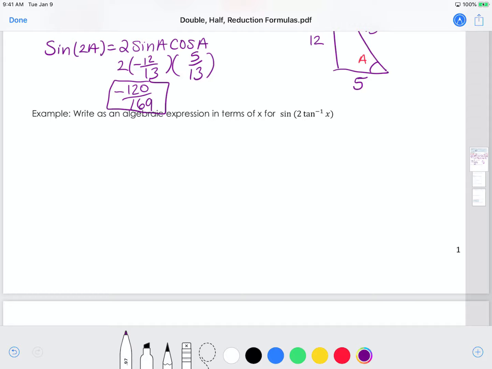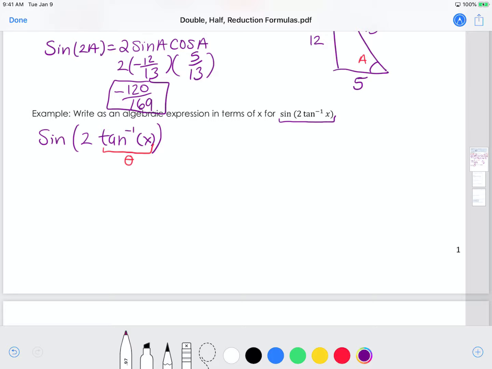In the next example, it's asking us to write an algebraic expression in terms of x. So here's what we're trying to rewrite: sine of 2 times tangent inverse x. Now remember that when we're dealing with inverse trig functions, this is really, we'll call it angle theta.